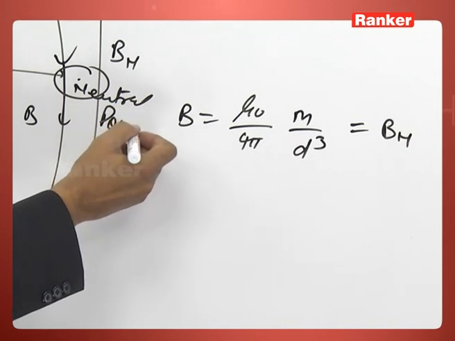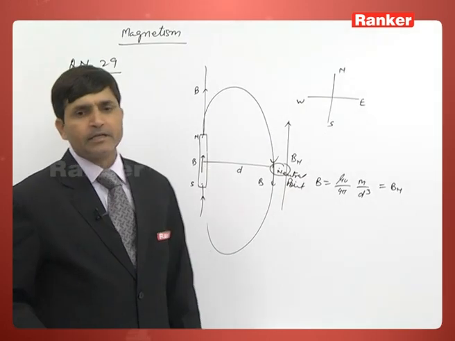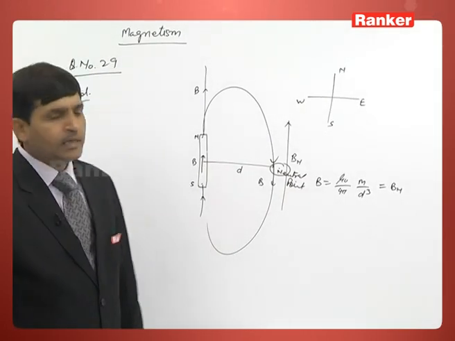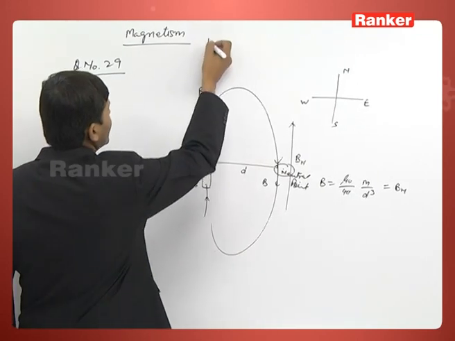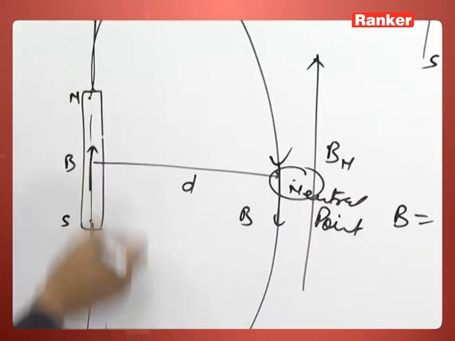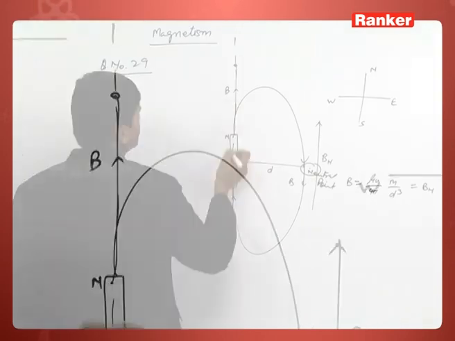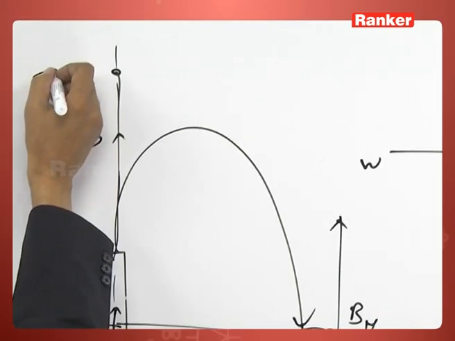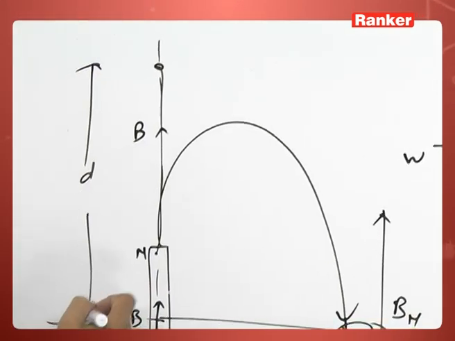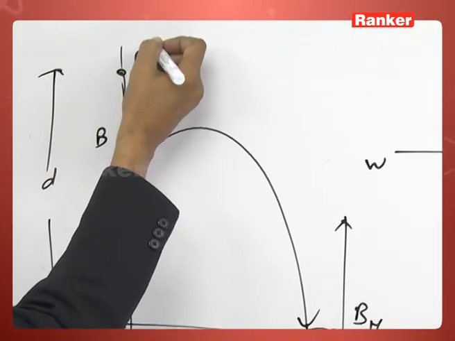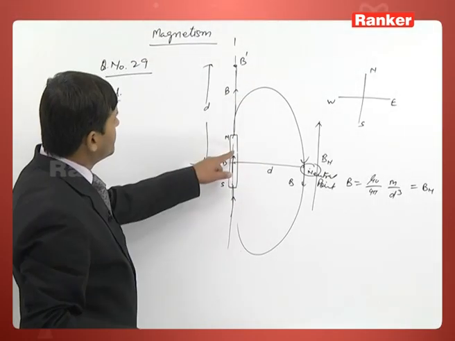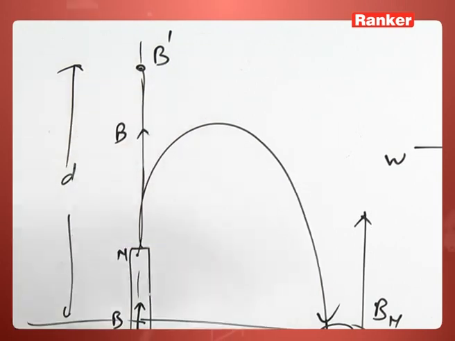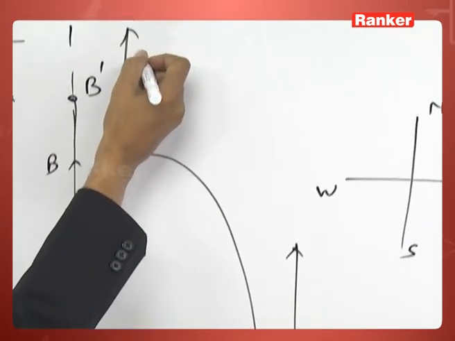Now they are talking about the point which is on the axial line. This is the axial line, at the same distance d. If we look at the magnetic field here, due to the magnet it is B dash, due to the Earth it is BH.